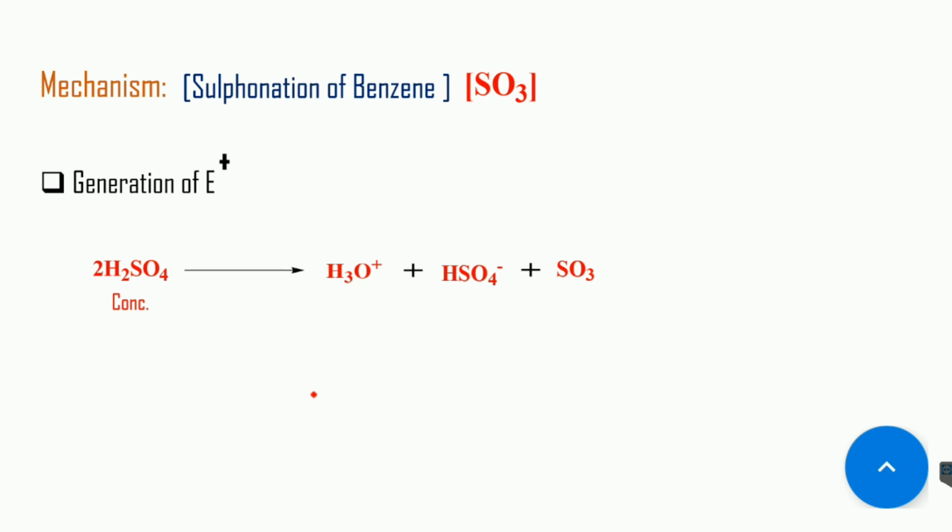This HSO4 minus is a nucleophile, and it attaches to our old electrophile, that is H plus. We will see this in our third step, and SO3 acts as an electrophile. So this will attack the benzene.